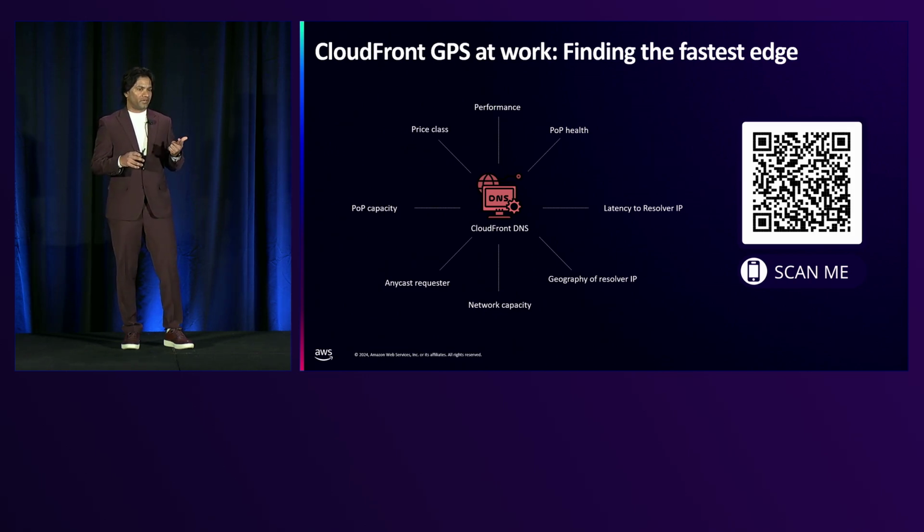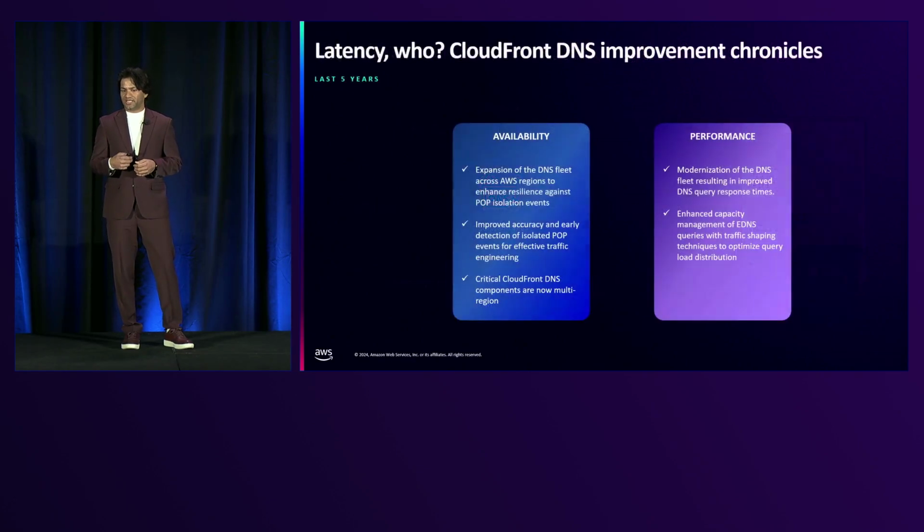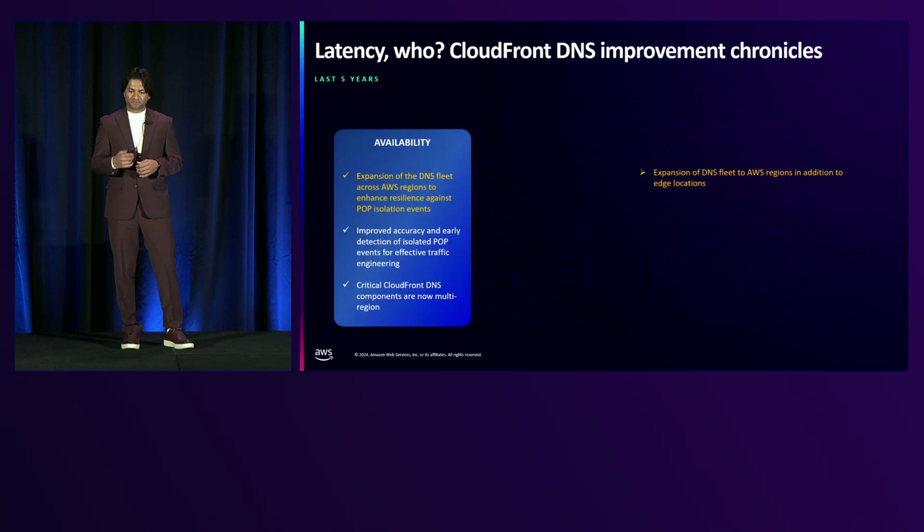We look at network capacity, network conditions in real time to avoid congested routes. So we factor in all these values to determine the most optimal IP by routing around congestion, even across ISPs. In the last 5 years, we've introduced several enhancements to CloudFront DNS that I'm excited to talk to y'all today about.